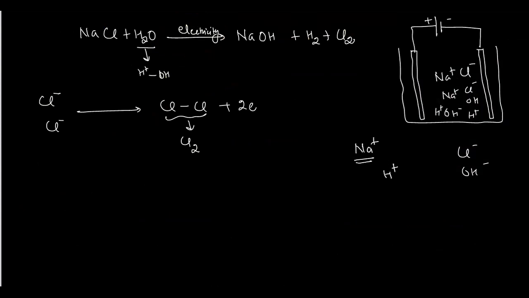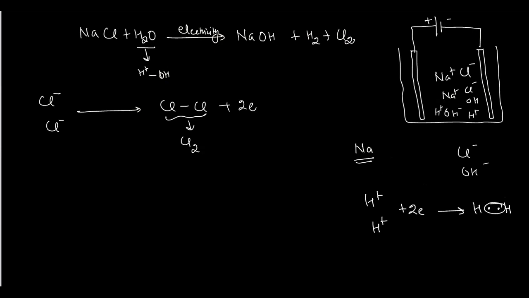So H positive ion can easily gain electrons, because it comes below in the reactivity series, and the one which comes below the reactivity series can gain electrons easily. So there are two hydrogen ions, one this one and one this one. When they get two electrons, they will form the hydrogen gas. Got it?